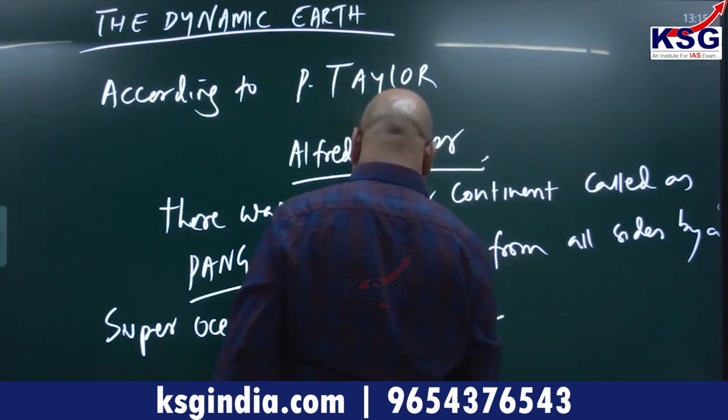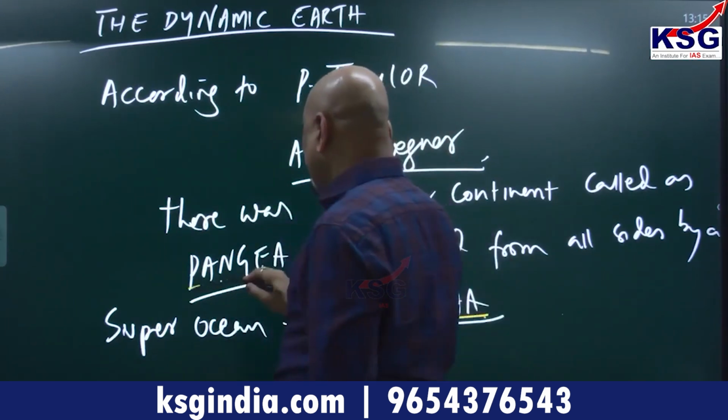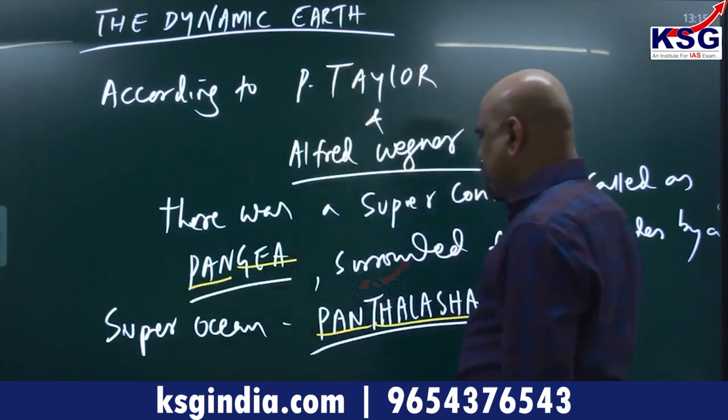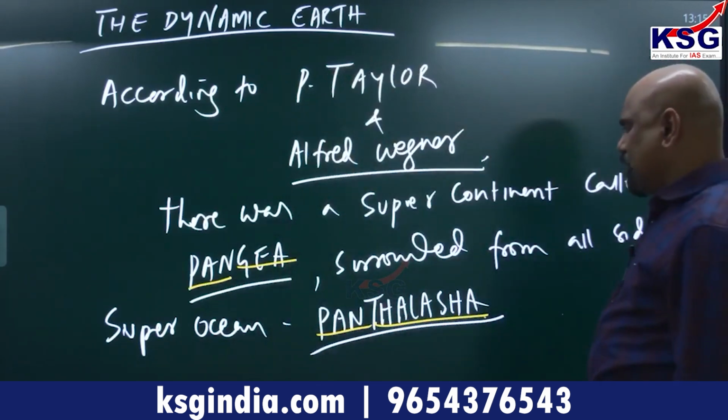Pan means all, thalassa means water. Pan means all, Gaia means earth. Okay, Panthalassa.